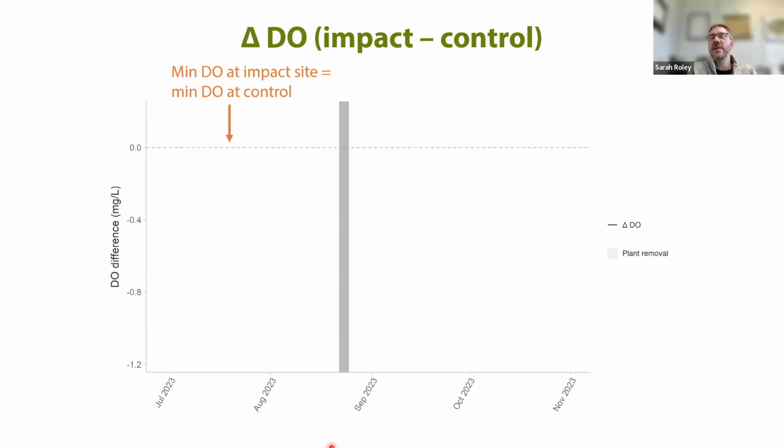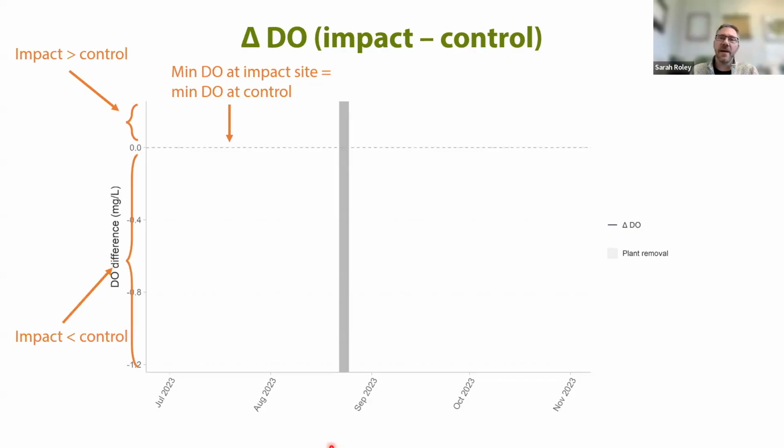Because we're doing impact minus control by subtraction, this horizontal line on the chart represents where minimum DO at the impact site is equal to minimum DO at the control site. Above this line is where DO at the impact sensor is greater than at the control sensor. Below this line is where nighttime DO at the impact sensor is less than the control sensor. And this gray line represents our plant removal.